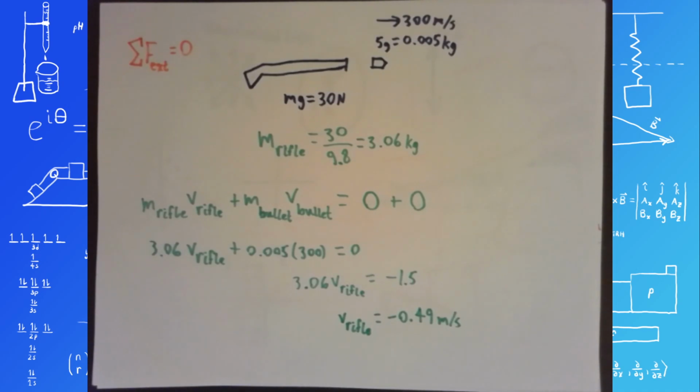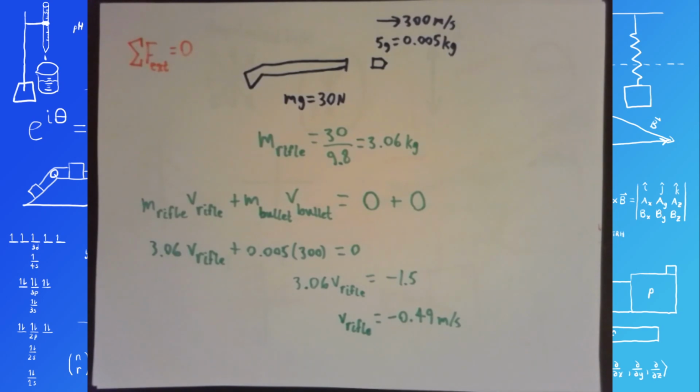Now, the negative sign means that it's going to, unsurprisingly, move in the opposite direction to where the bullet was fired. But the negative on its own doesn't automatically mean anything if we haven't defined what positive means. So on an answer sheet for a test, you wouldn't just report your answer like this.